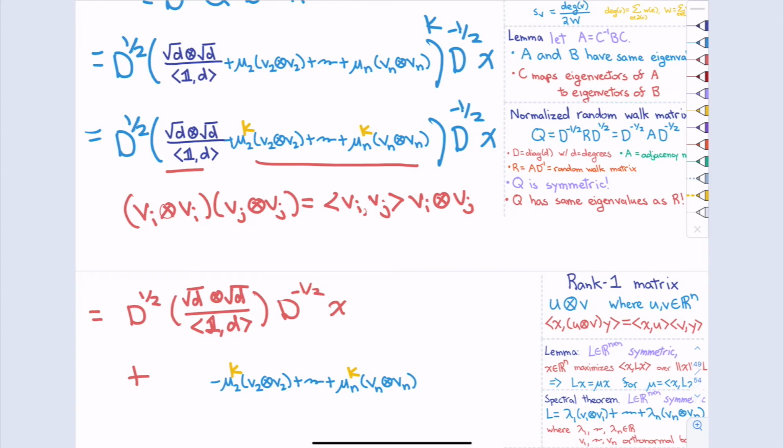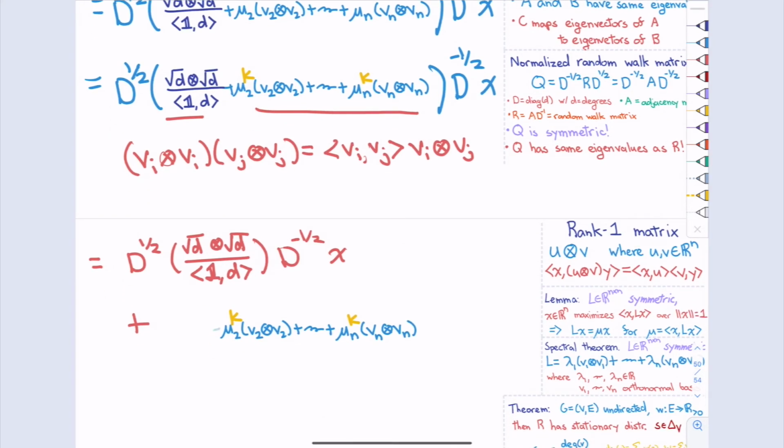The first term, although it's now written in a different form, is still V1 outer product V1. So it's still 1, and you still have the same to the K disappearing. So that's actually a normal vector in disguise. The only thing about this is that there's a lot of writing. It's painful for you and for me.